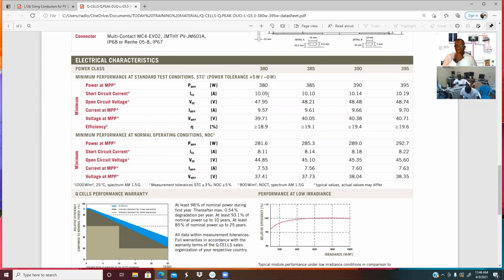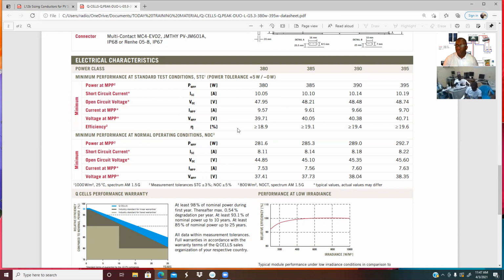Now, for the continuous duty, we're going to multiply that 12.6 by another 1.25. So you multiply 12.6 by 1.25, what do you get? 15.75.